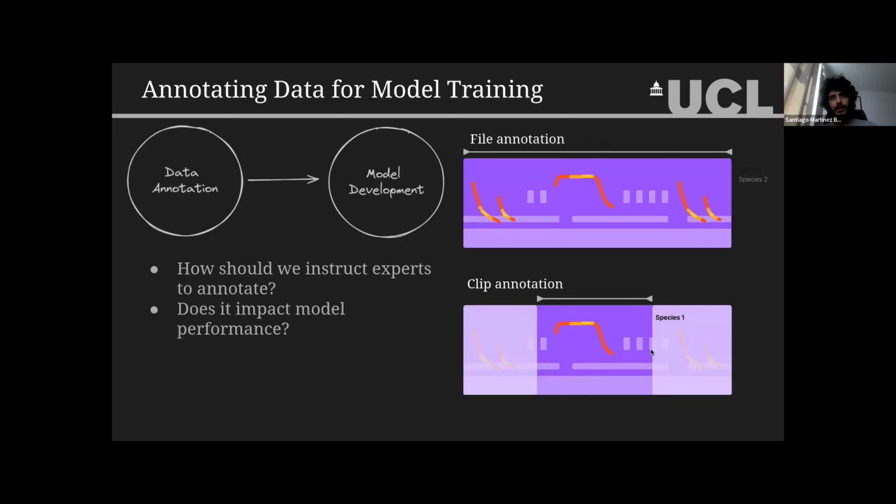Usually the way people train these bat or bird detectors and classifiers is that you have a recording in which you know there's some species across the whole file. In some cases, instead of having this label at the file level, you segment the files into different clips within the recording, and you have the name of the species that appears within each clip.